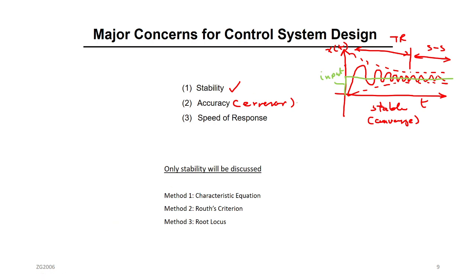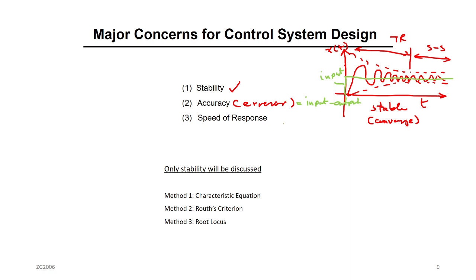So the error is equal to input minus output. So if I ask you, by looking at this time response, or transient, how much is the error here? The error clearly is 0. Why? Because at the steady state, there is no difference between the input and the output, so it becomes 0. So accuracy is also a major concern when we design the controller, okay?